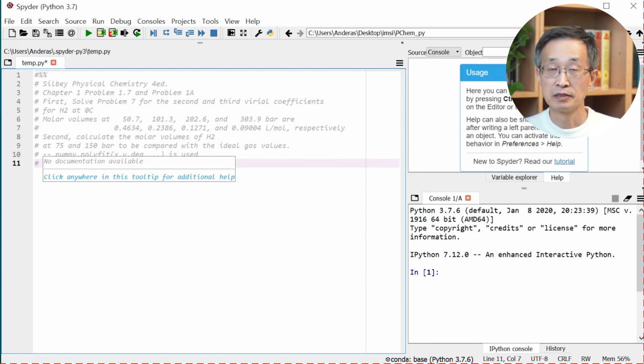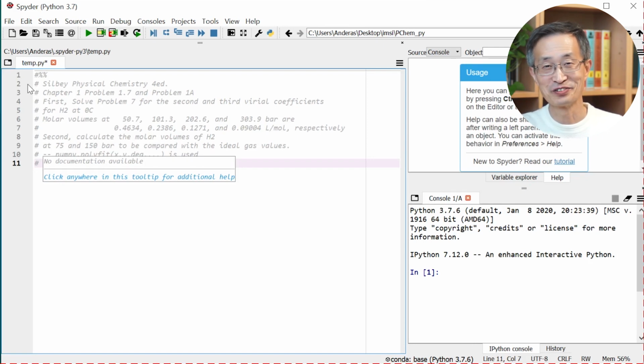In Python, the basic grammar and other details about Python itself, you'd rather learn from a textbook or from the internet or any other source. There are abundant sources. I'm just helping you begin to use Python and the Spyder editor to solve physical chemistry problems.